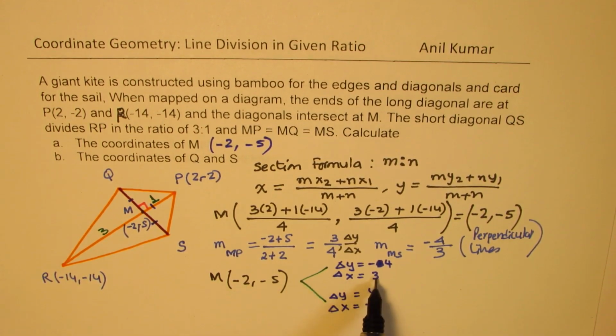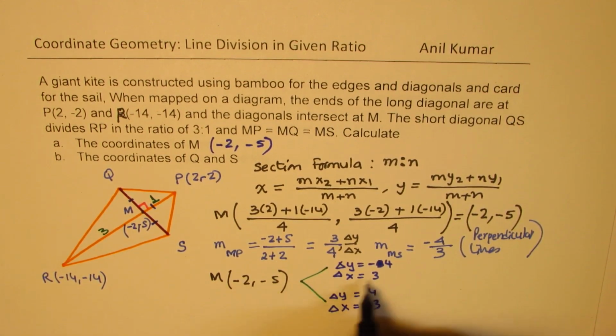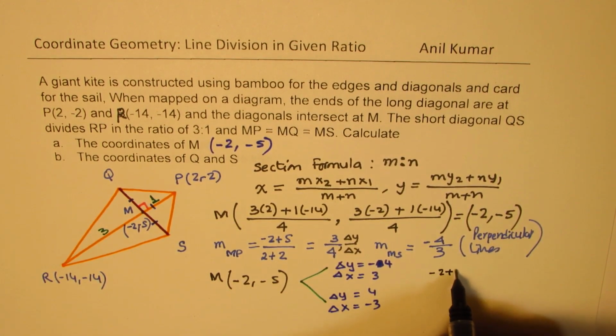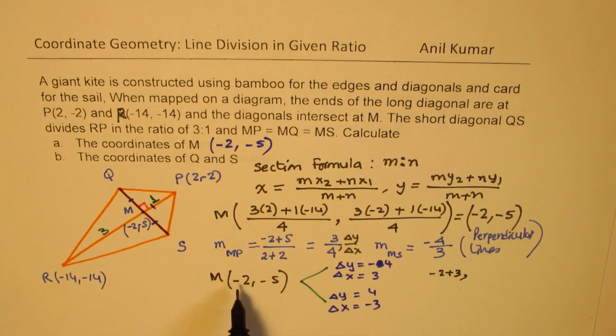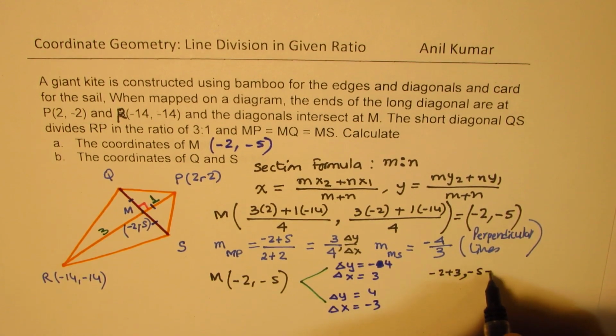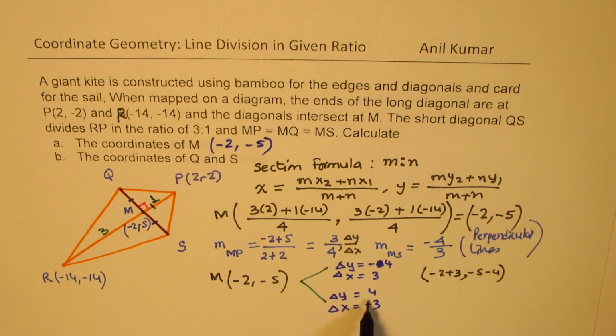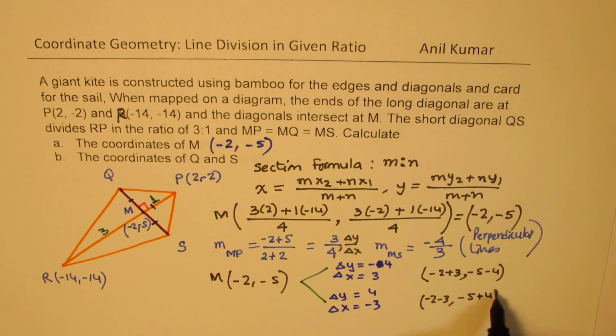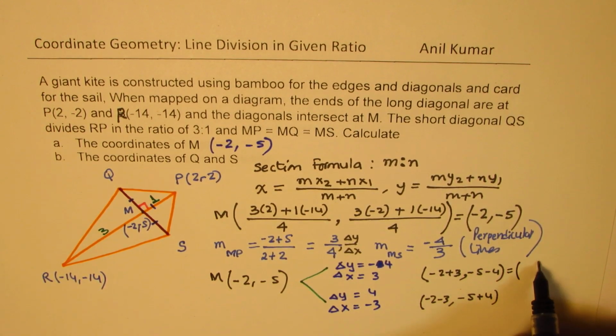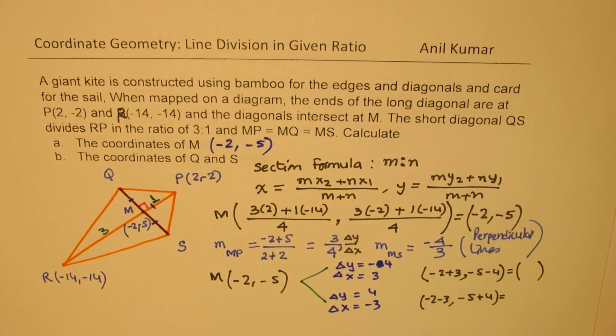So if I do that, I get the point. In the x value, if I add 3, we get the x value, minus 2 plus 3. And in the y value, minus 5 minus 4. That becomes 1 point. And if we go this way, the x value will be minus 2 minus 3. And the y value will be minus 5 plus 4. So that gives you what? Let me write down here.